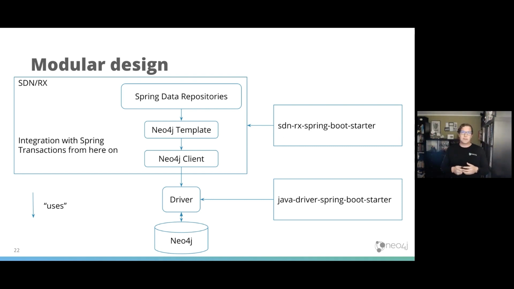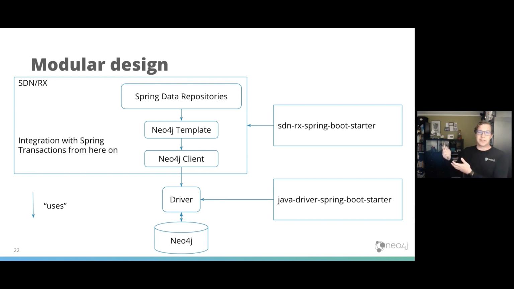That's some kind of a raw connection to the database where you can provide Cypher queries and a mapping function to create your own objects. On top of this Neo4j client, we then will have a Neo4j template. This template is aware of the entities you register in your Spring Data application. So you do not have to provide the mapping function manually, but you will get some kind of automatic conversion for your objects.